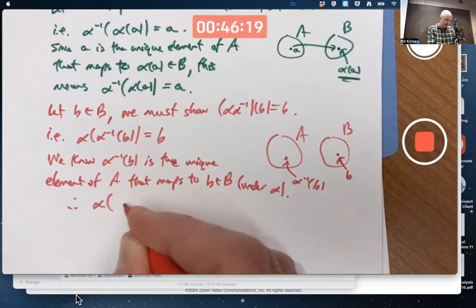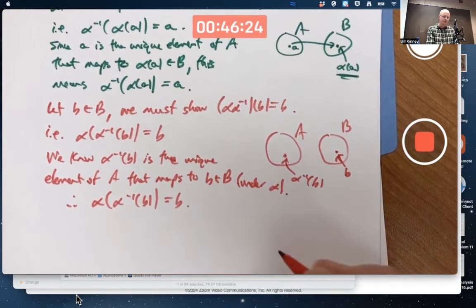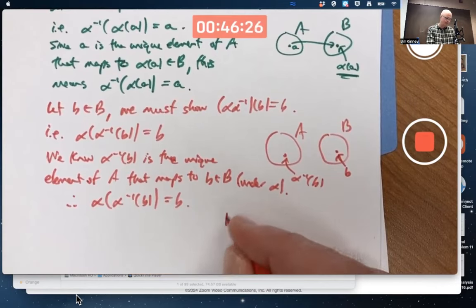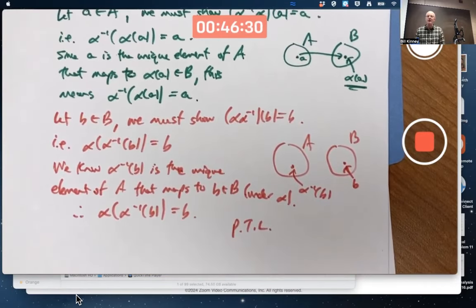Therefore, alpha of that element is, in fact, b, and we're done. It's almost too trivial that it's confusing.